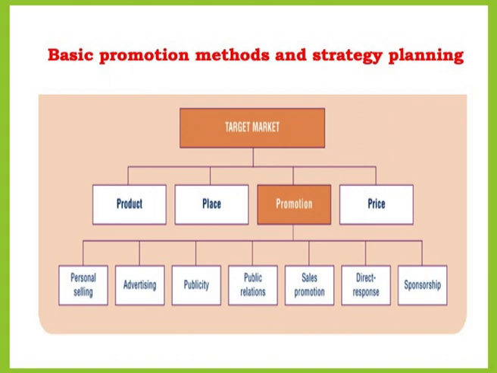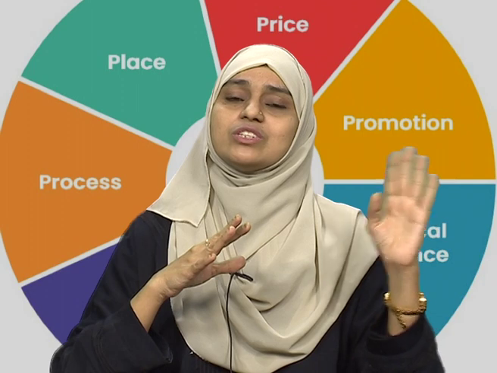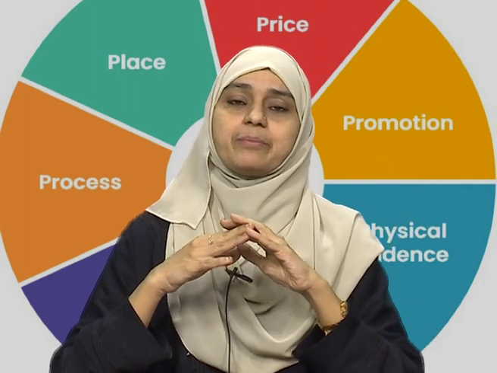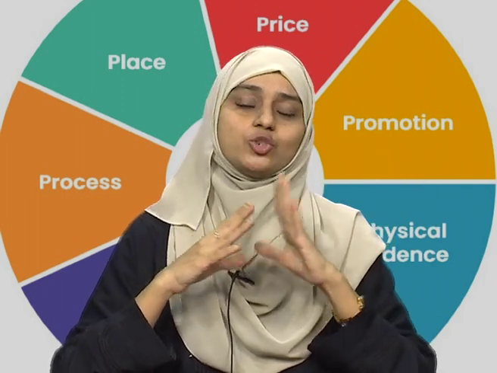Third is promotion, where you talk about how companies communicate with the consumer. Fourth one is place, where you talk about how you distribute the product so that the product reaches the consumer. These are the four basic ingredients which we call the four P's of marketing: product, price, place and promotion.